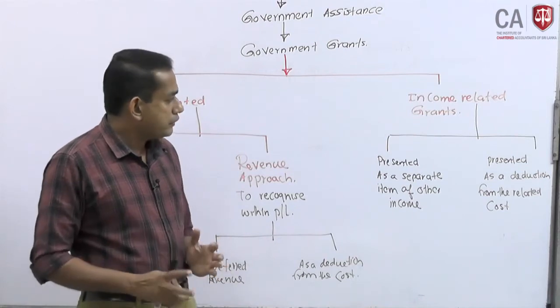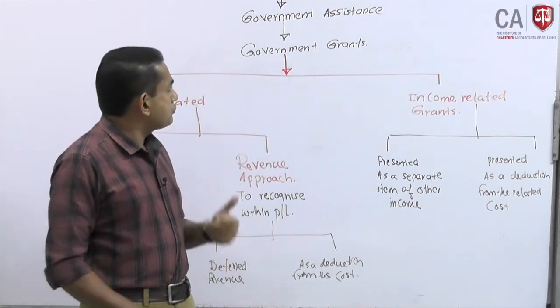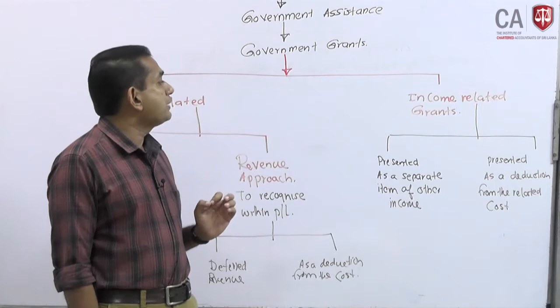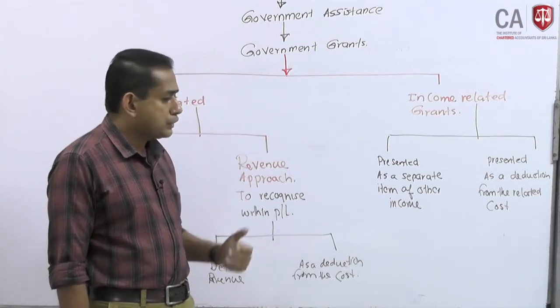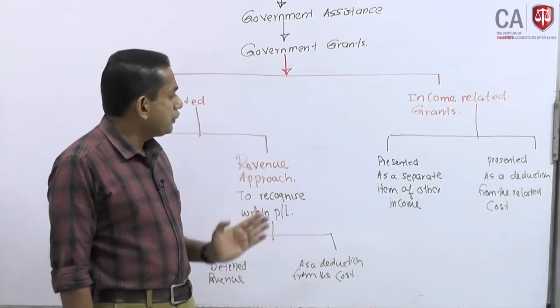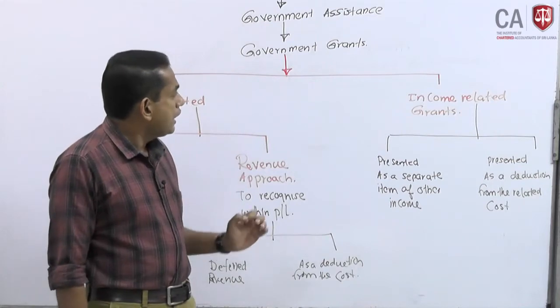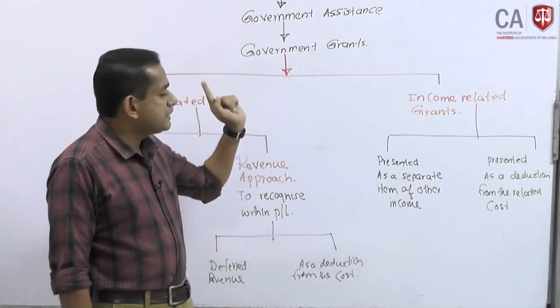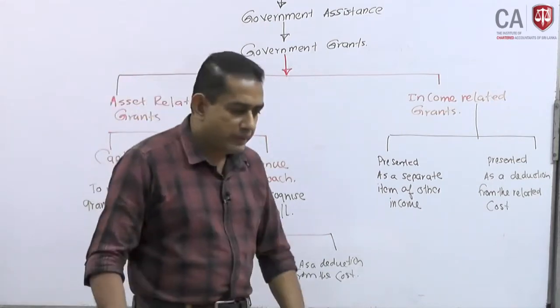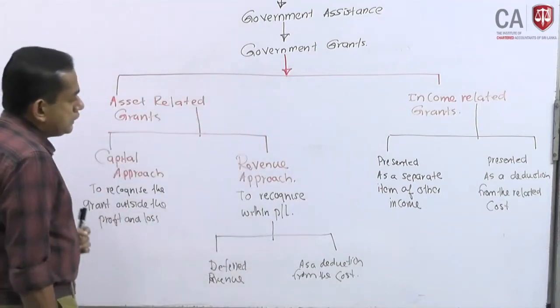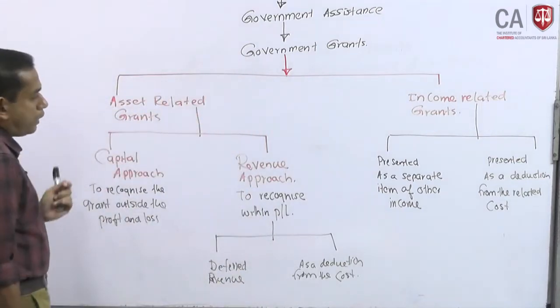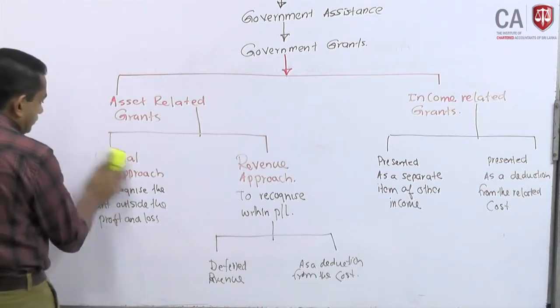That is all about it. And it is so much for the overview of LKAS 20, and this is what we are going to discuss through and through from the beginning to the end. Let us see what government assistance is in the first place, and then we will embark on the other related areas.